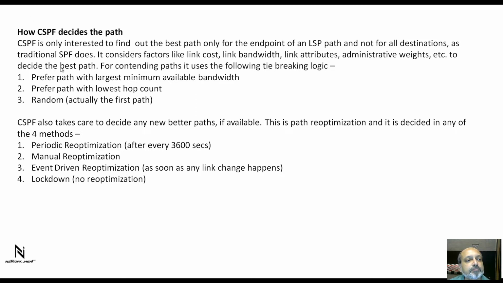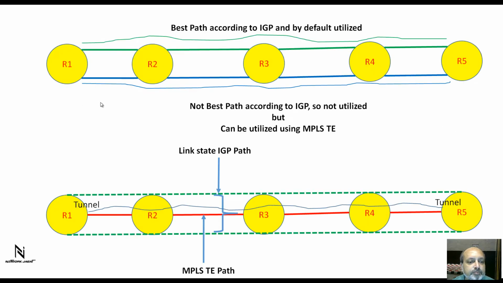So why the term C, or why the term constrained? Constrained means it is somewhat limited. Its scope is somewhat limited. Why is it limited? Because if you consider traditional OSPF or IS-IS, that is any other protocol which is using traditional SPF, traditional SPF will find the paths for all the destinations, right?